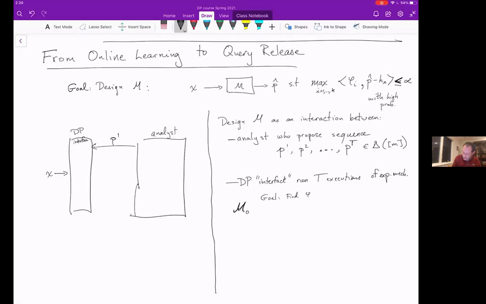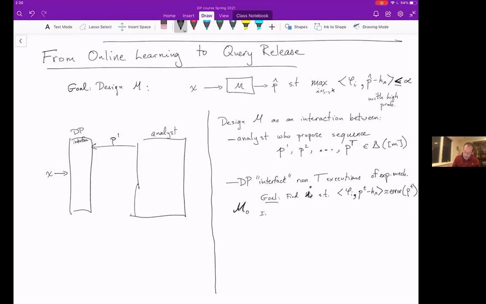So it wants to find I such that phi I roughly exhibits the current error of the analyst's distribution P sub T. So its goal is to find an I such that the inner product of phi I and PT minus H is about as large as it possibly could be.